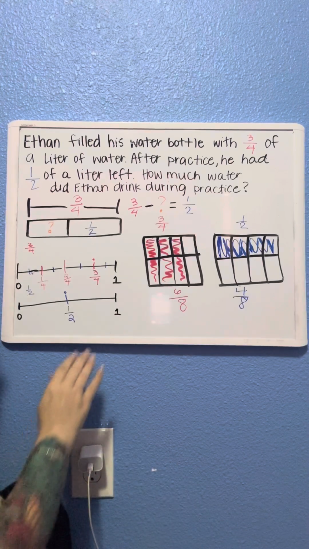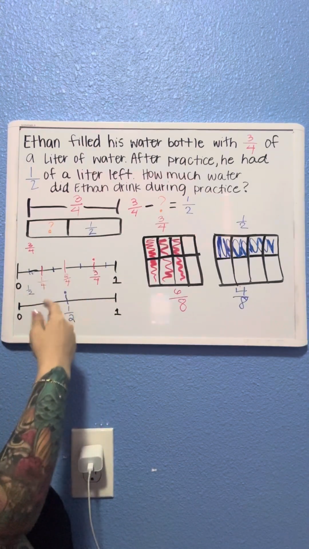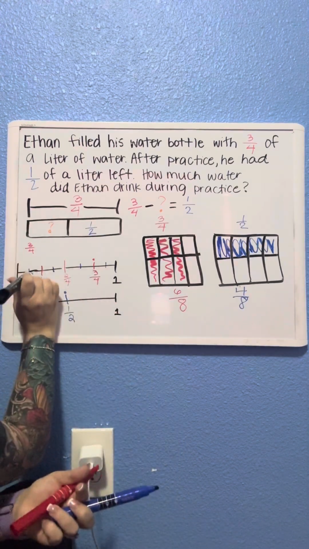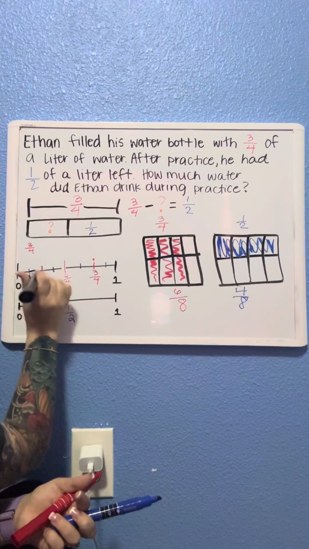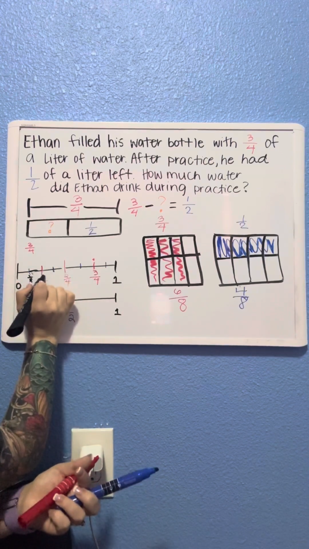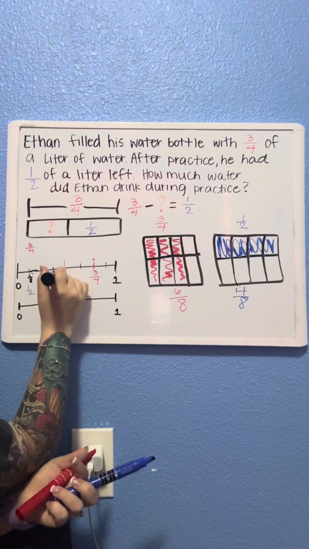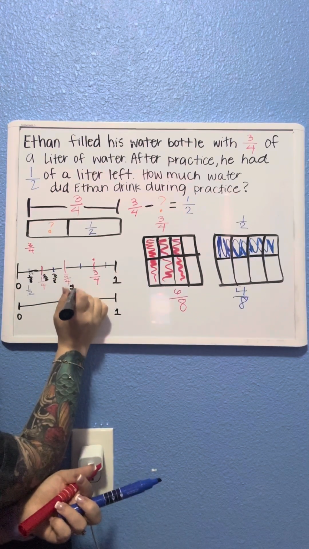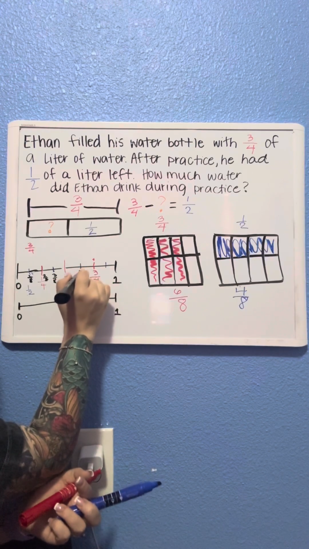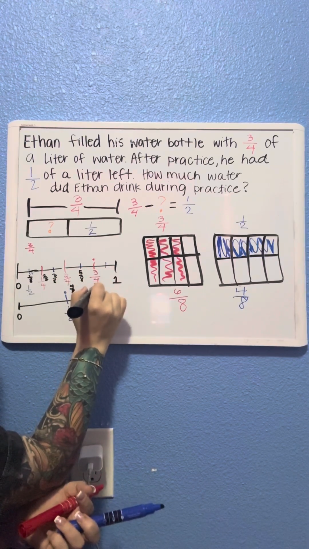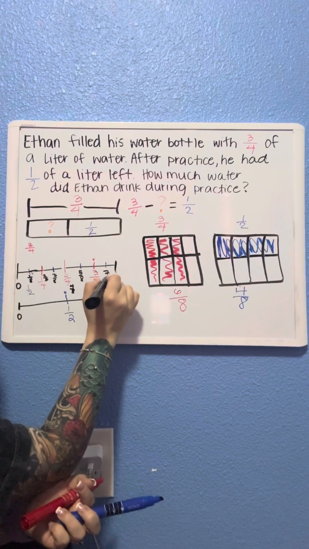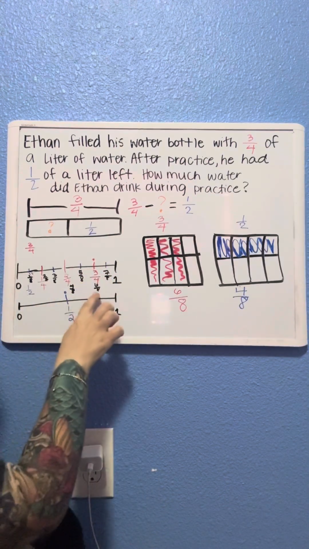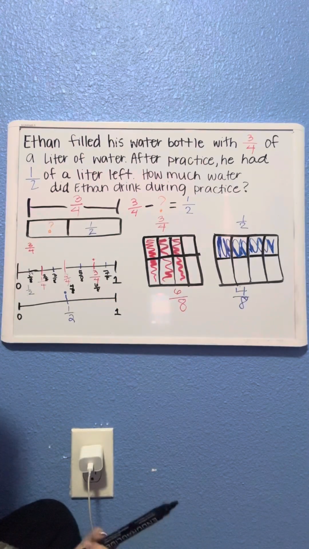So then we went from having 4ths to having 8ths. And we can label those 1/8, 2/8, 3/8. So we know 2/4 is the same as 4/8, 5/8, 6/8, 7/8. So our 3/4 is equivalent to 6/8, as we found over here.